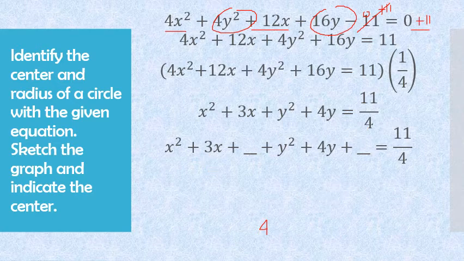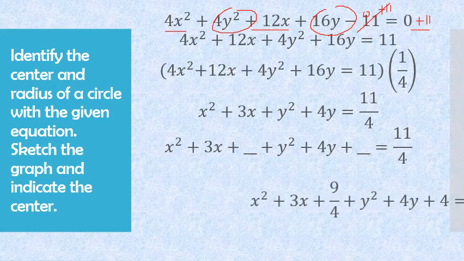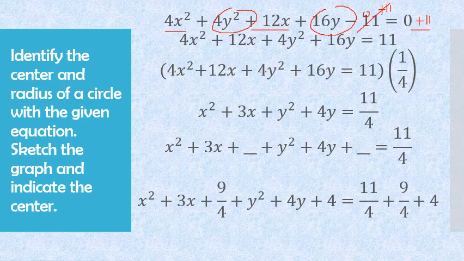Yung process na yan, tandaan nyo. So, we have x squared plus 3x plus 9/4. Then, dun sa variable y naman, we have y squared plus 4y plus 4.